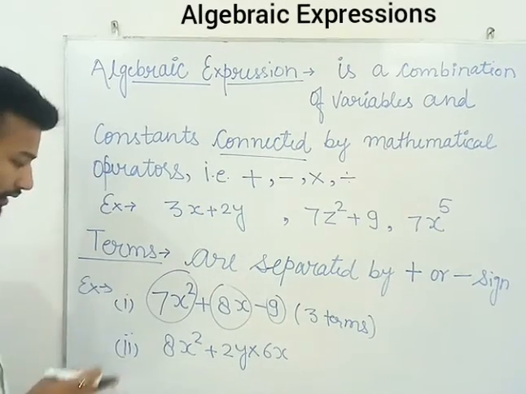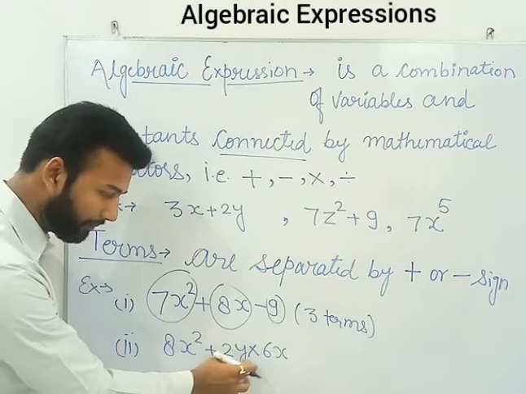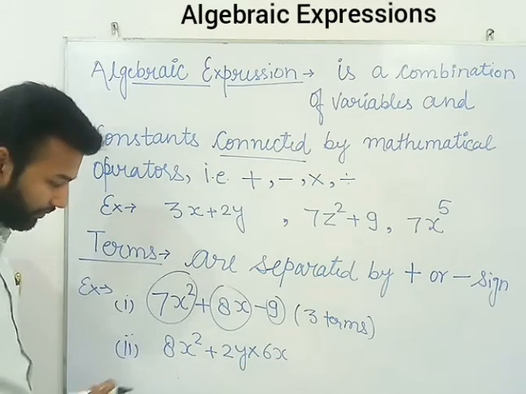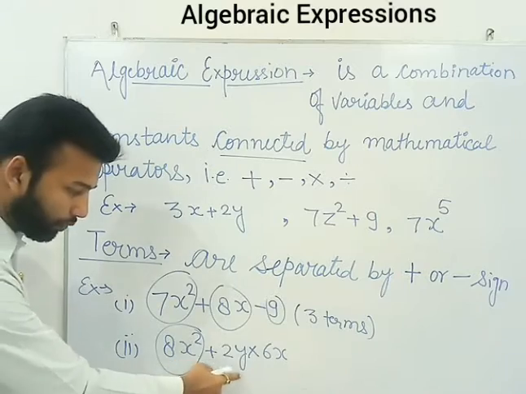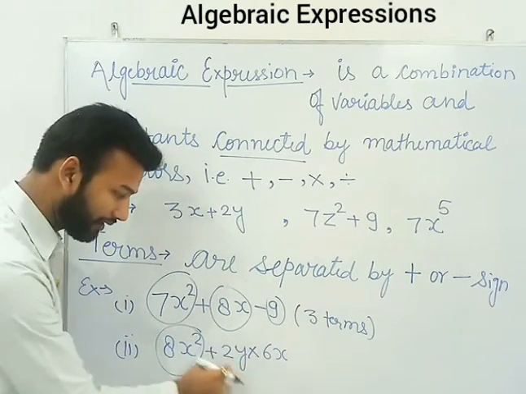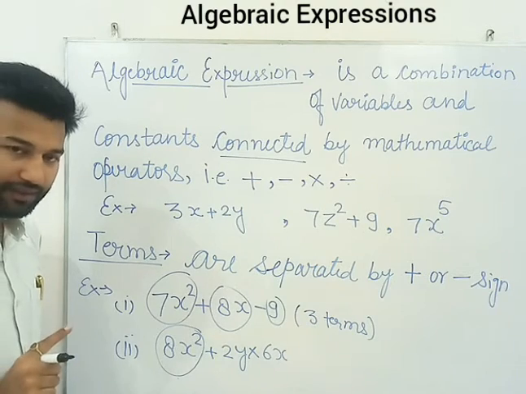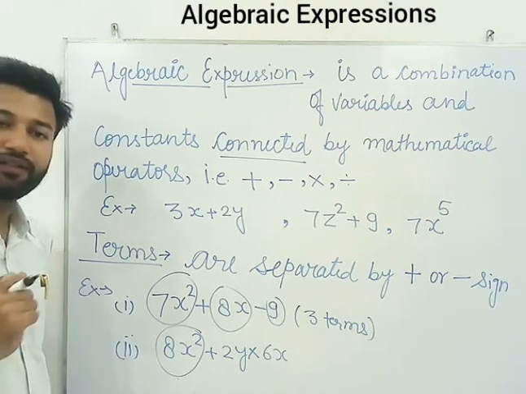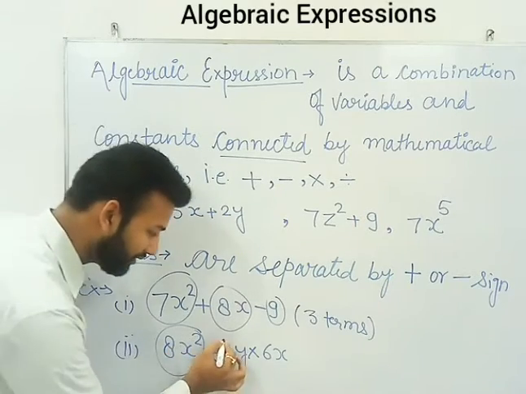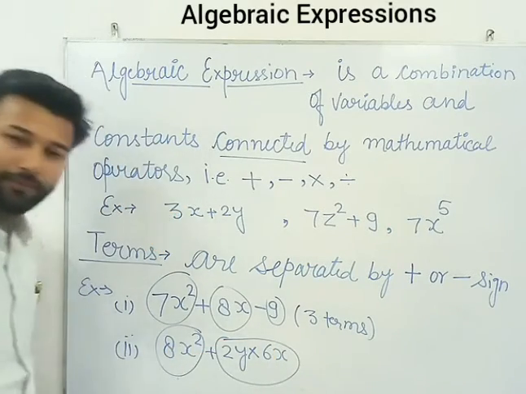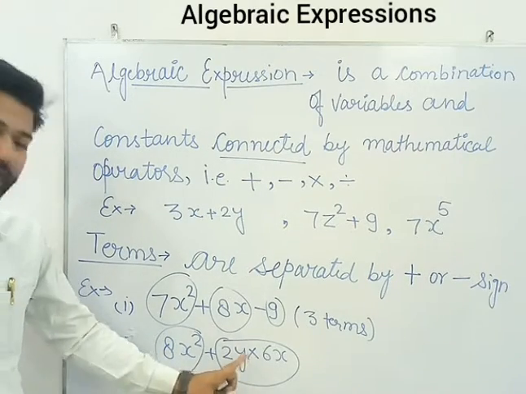Another example, 8x square plus 2y multiply 6x. So is this the first term, 8x square, 2y the second term and 6x the third term? Is it correct or incorrect? It is incorrect, because this is only the first term and this complete part is the second term. Why? Because multiply or divide signs are not considered in a term.